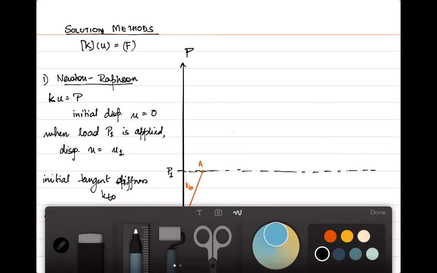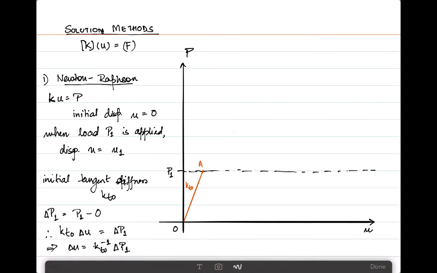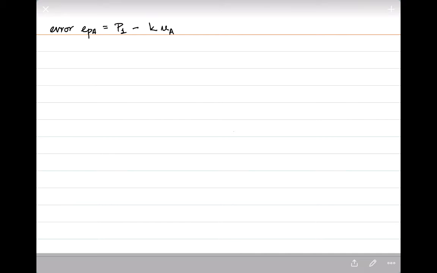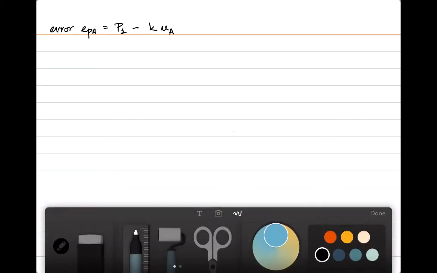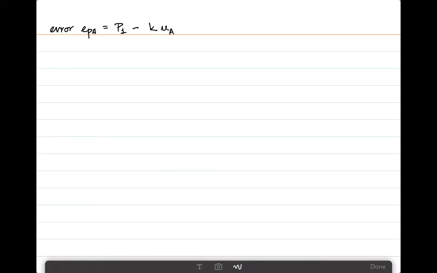Another thing to note here is that when I have hit the point A with my tangent stiffness at the P1 load level, this corresponds to a certain calculated displacement UA. Because this doesn't make it in equilibrium, I'm calculating the error by taking the displacement UA as the current displacement calculated.